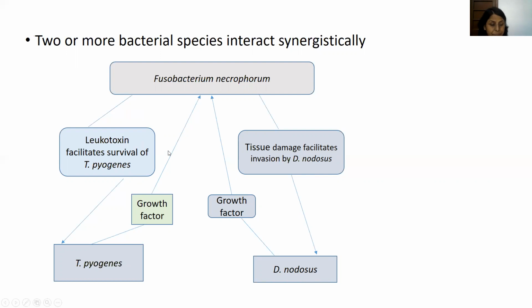Similarly, leukotoxin produced by Fusobacterium necrophorum facilitates the survival of Trueperella pyogenes, and additionally Trueperella pyogenes provides the growth factor which helps in the survival of Fusobacterium necrophorum.